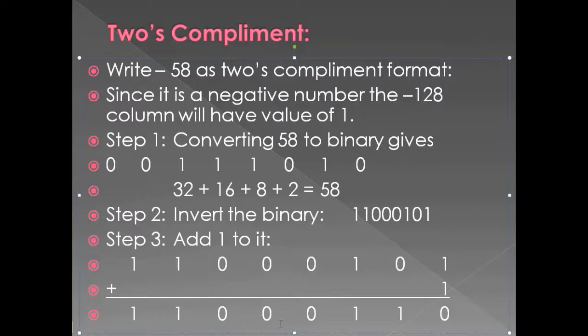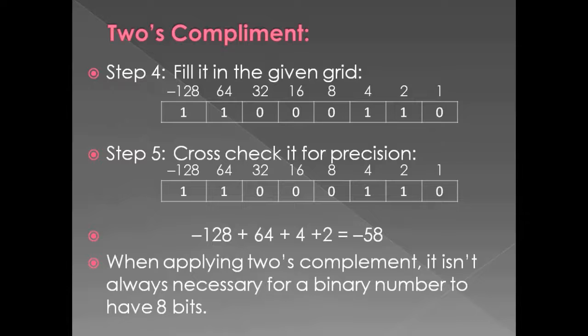So we have added 1 to it. Okay, and the next step, fill the given grid. Here we go, cross check it for precision. Minus 128 because it has a value of 1, plus 64 plus 4 plus 2 equals minus 58, and we have our answer.